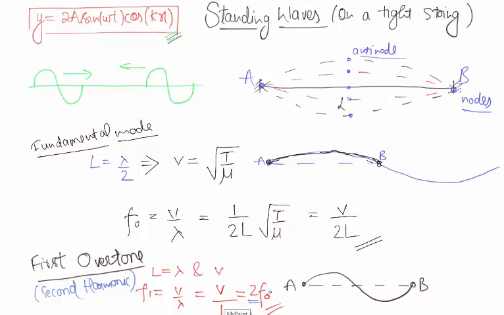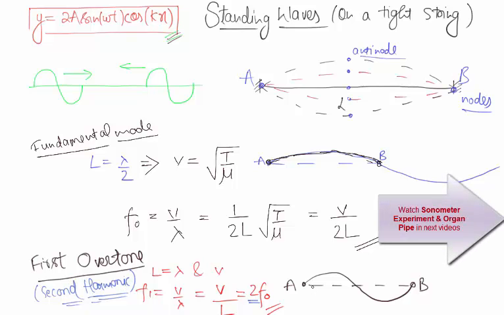Whatever integer is multiplied by the fundamental frequency gives the number of the harmonic. So now you know the fundamental frequency and first overtone. The first overtone is also the second harmonic.